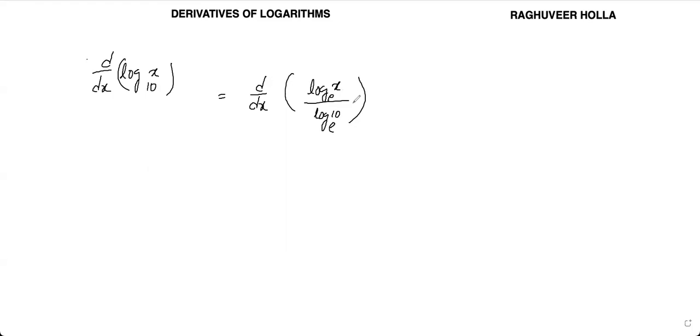So since log 10 to the base e is constant, we can put it as 1 by ln of 10 and then d by dx of ln x, which is 1 by x. So it is 1 by x ln 10.